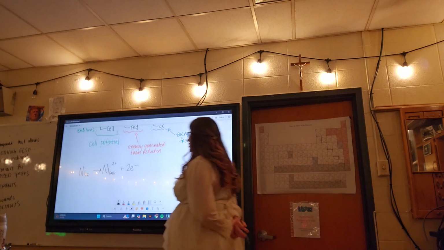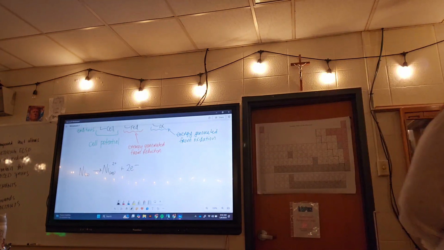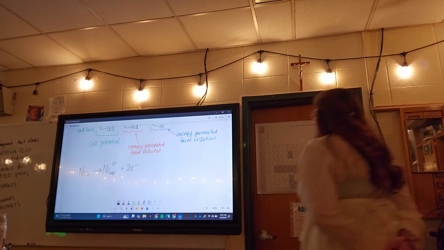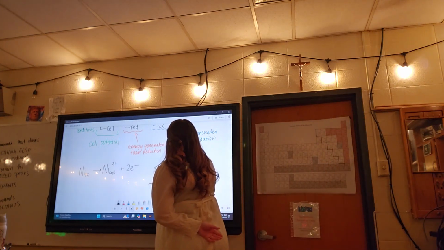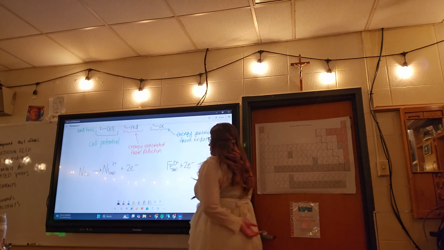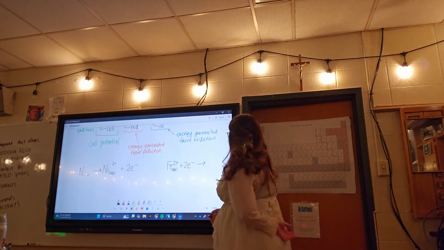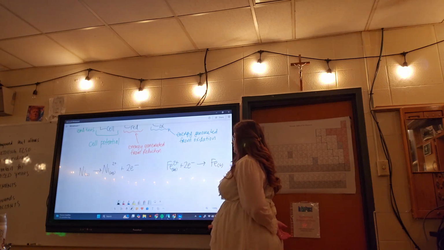So on the left side of our battery, we had nickel. The nickel solid, that electrode was going to break down and it was going to form nickel ions and release 2 electrons. That's what was happening on the left side. What happened on the right? Well, we had an iron ion that was in solution that picked up those 2 electrons that were put off by the nickel and formed solid iron.